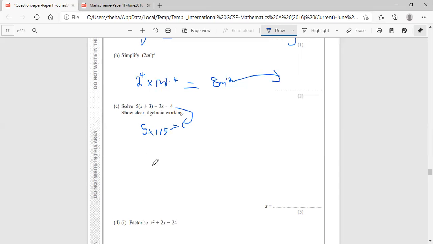So we're going to have 5x here, minus 3x, because it's plus 3x on the other side, so we have to do the opposite, equals, we've got -4 on this side, and then on the left side we've got 15, so we need to take away 15, so we've got -15. So then we combine them, we've got 2x equals -19. Okay, and then we divide both sides by 2 to get x equals -19/2 or -9.5. Either one will get you full marks.